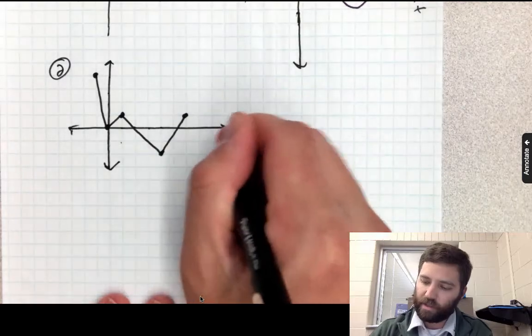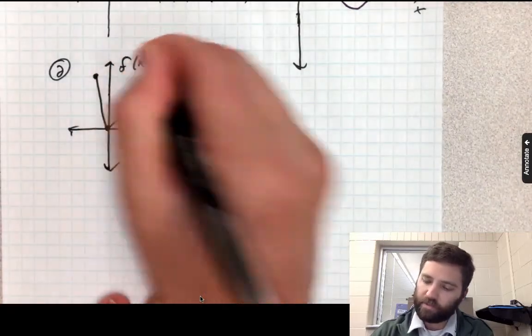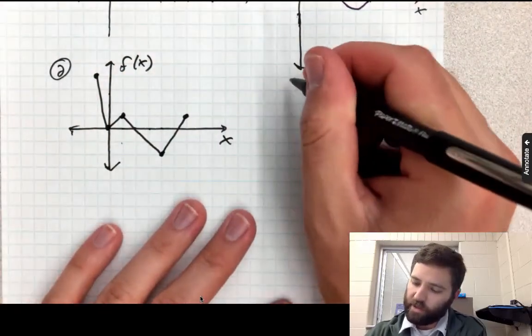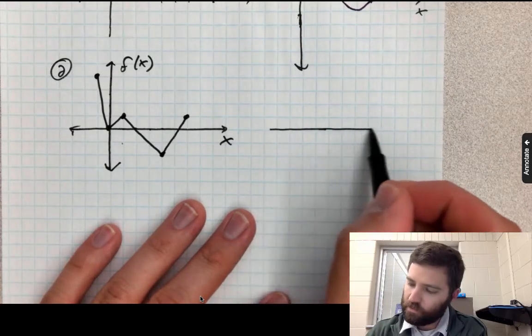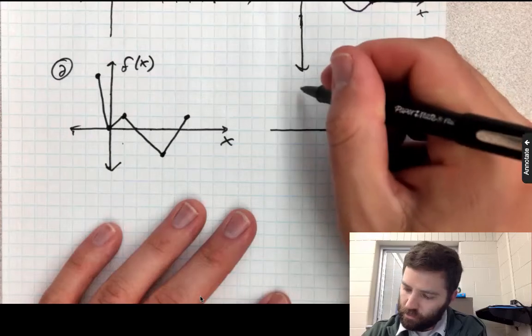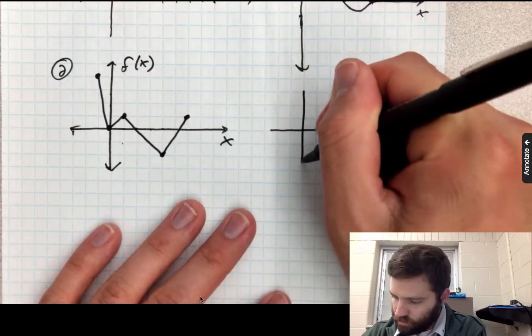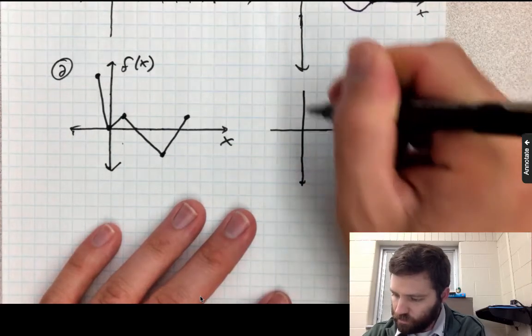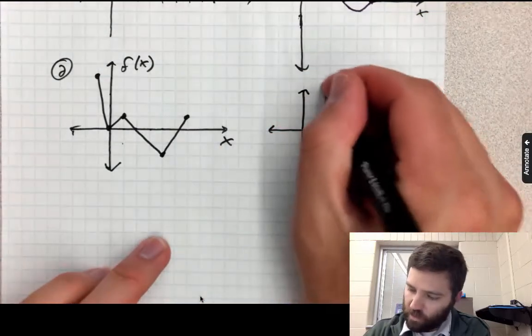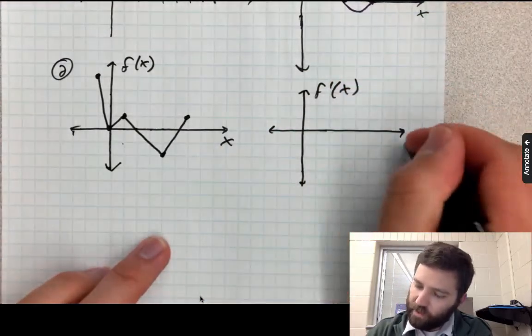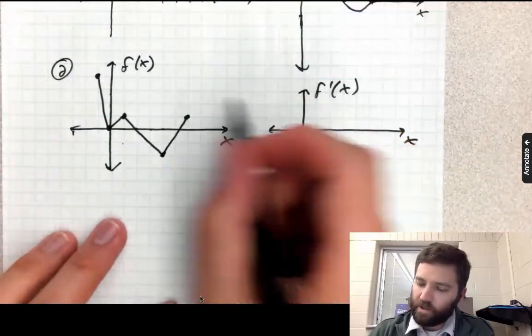So we've got x-axis, f of x. And then let's graph the derivative here. So we have f prime of x and x. Okay, and so let's start at -1.